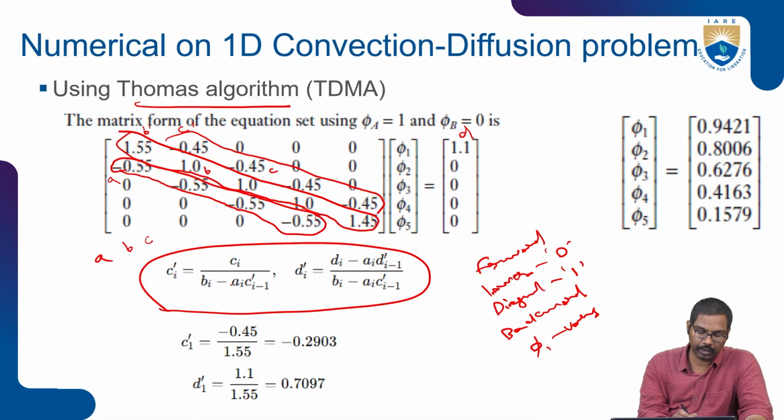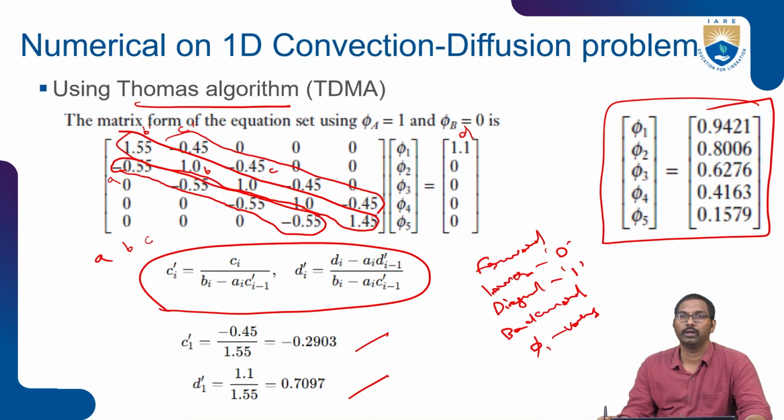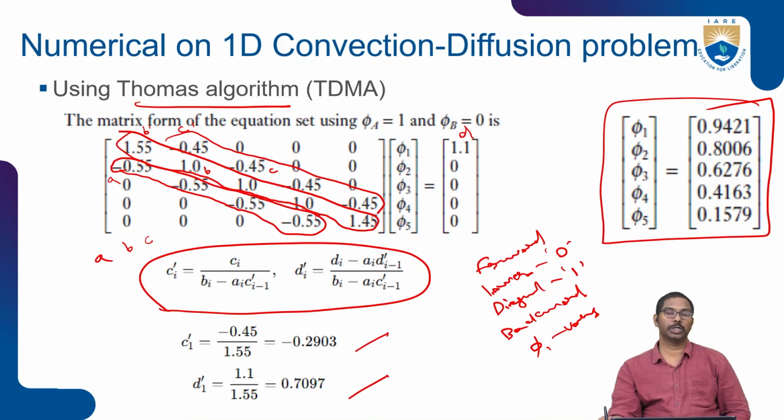C1 dash equals C1 upon B1 minus A1 C naught dash. By substituting the values, we get the next values, and at the end we get the unknown values phi 1, phi 2, phi 3, phi 4, phi 5. This is the resultant solution of this finite volume method for the one-dimensional convection diffusion problem.